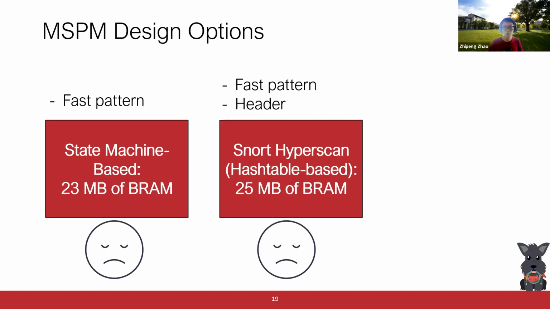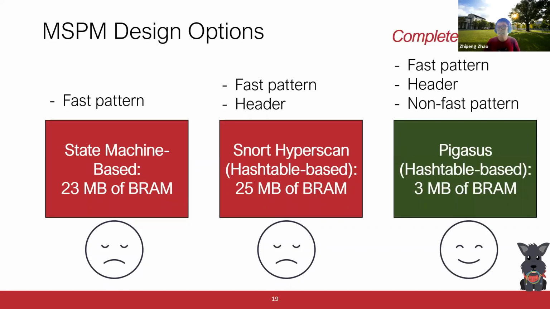We have profiled that a simple, straightforward port would take 25 megabytes of VRAM, which can support both fast pattern matching and header matching. And in Pigasus, since we applied a hierarchical pattern matching design, we only need 3.3 megabytes of VRAM. Our approach is also a hash table based solution.